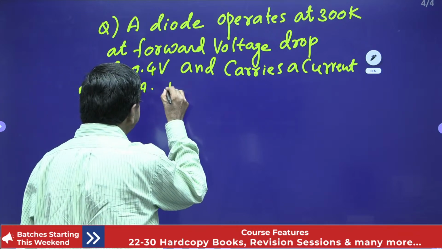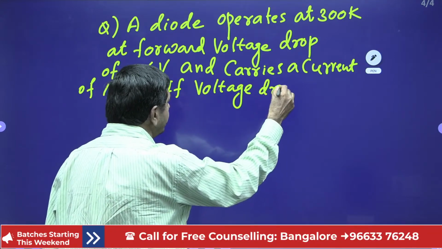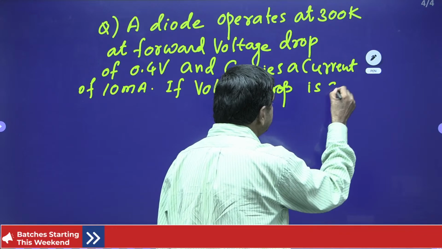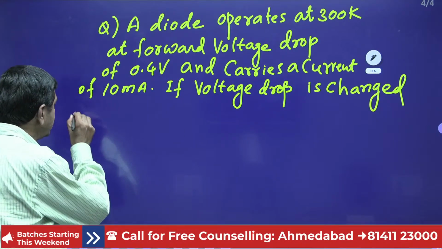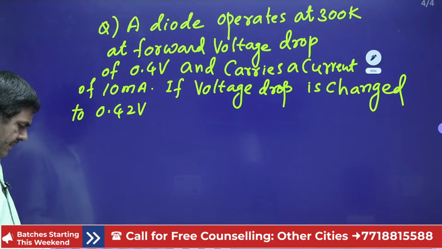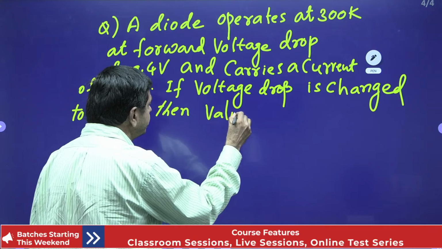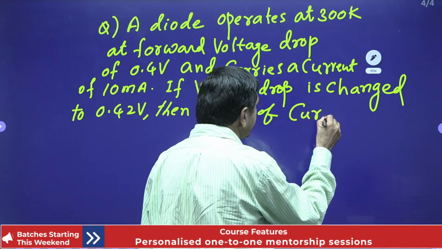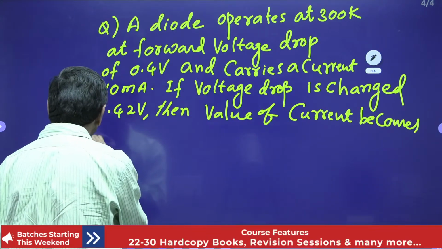If voltage drop is changed to 0.42 volts, then the current becomes twice only.